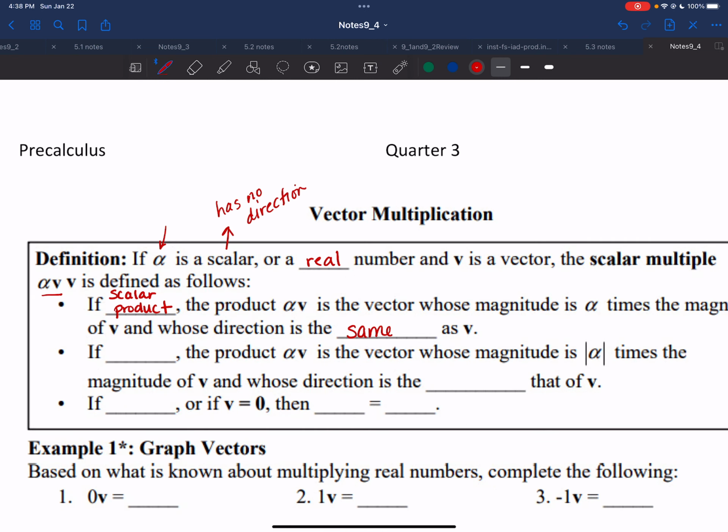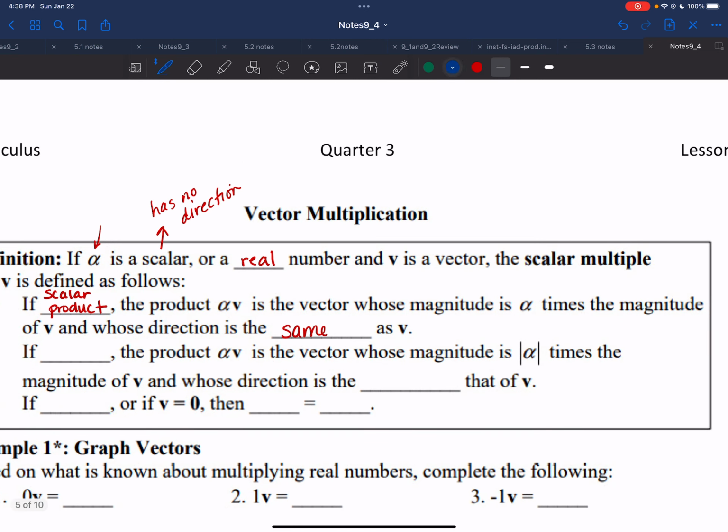So essentially it's saying, okay, if I have the number 3 and my vector is v, if I do 3 times v, it's going to equal 3v. So if my initial vector is this big, then my 3v vector will be 3 times as big, right? So that's what it's saying here.